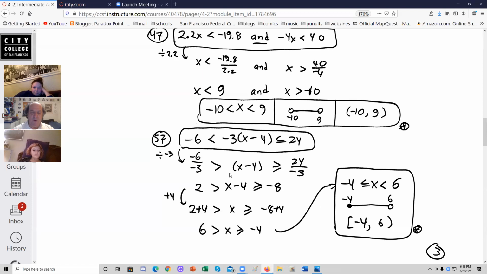Now if we add 4 throughout, which again should keep things the same, then you get 2 plus 4 is greater than x is greater than or equal to negative 8 plus 4.